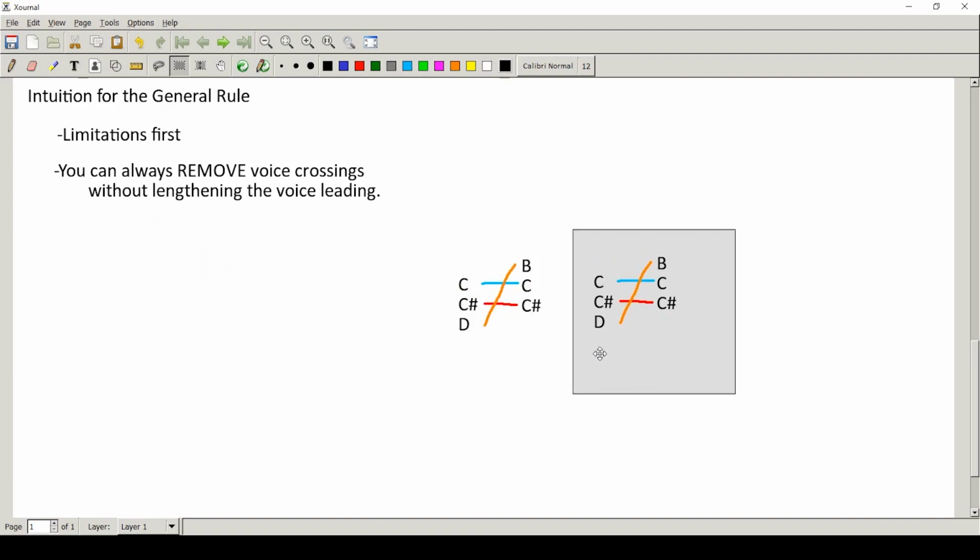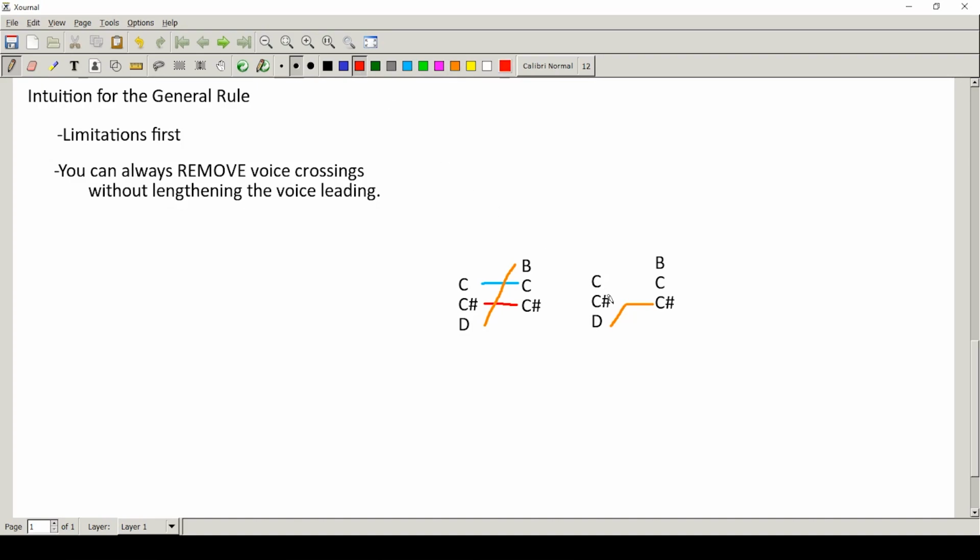But then the intuition behind the rule says, I can take this same thing and I can remove the crossings. So D starts here and is going along, but then it bumps into this red path that C sharp was taking, and it says, okay, let's not cross, let's just trade what we're doing. So D bumps into that and then continues on to become C sharp.